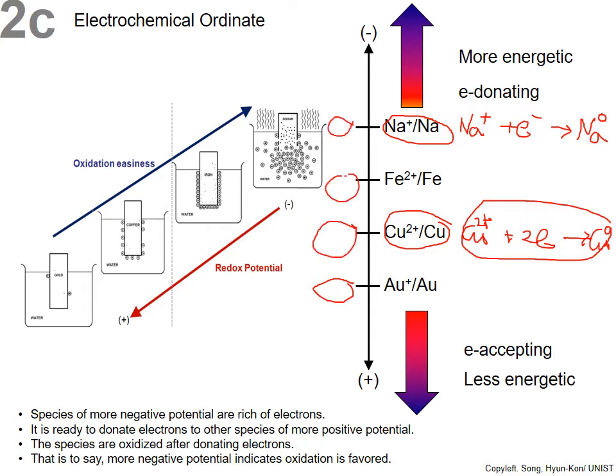Even if I said this is 2 minus, this is 10 minus, this is 20 minus, this is 100 minus, those values are just for explanation. Each pair of electrochemical species has its own values. I'll let you know the exact values later. But anyway, the order of these species follows those reduction potentials.